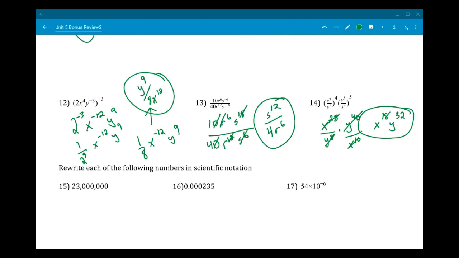Beatrice asked, how did you get y and x separate? I'm guessing you were talking about number 14, Beatrice, but correct me if I'm wrong.